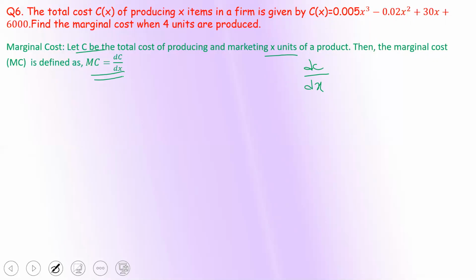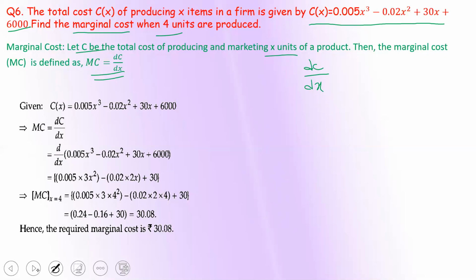So here the total cost of producing x items is given. You need to find the marginal cost when x is 4 units.